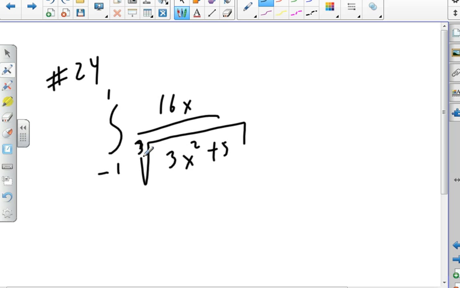So I'm going from minus 1 to 1 of 16 times x divided by, with parentheses, 3 times x squared plus 5, close parentheses.